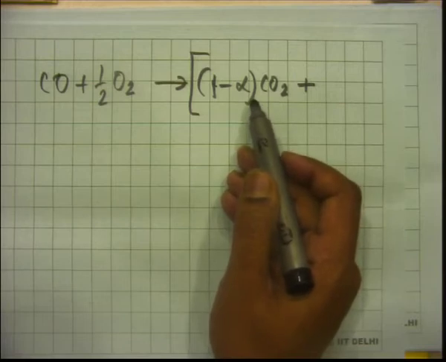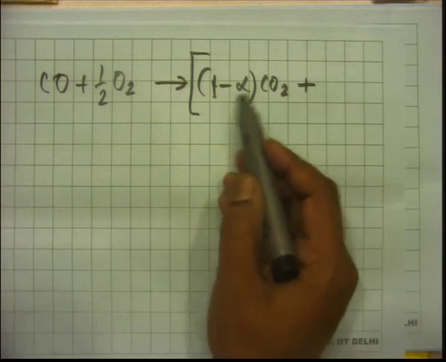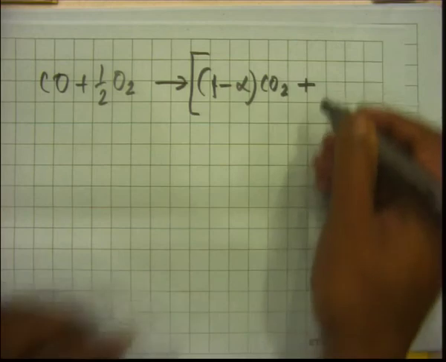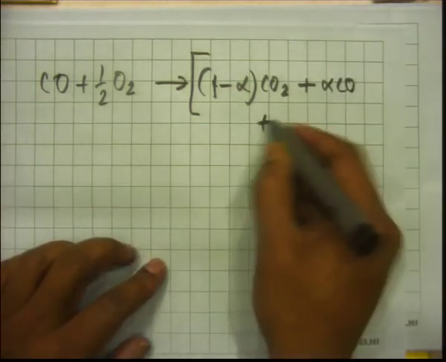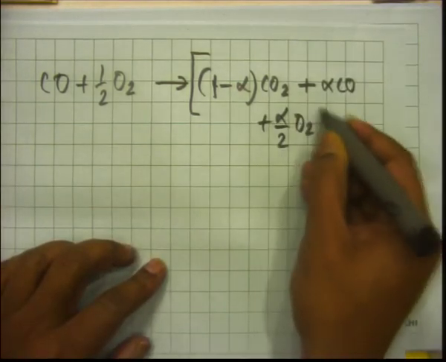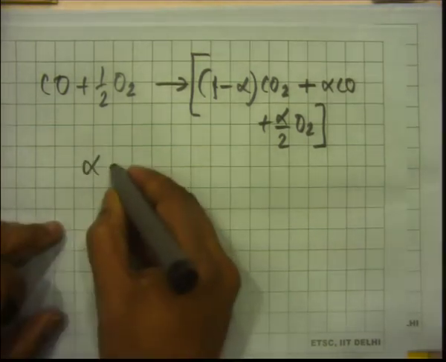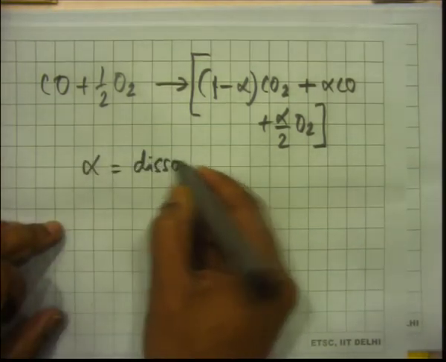That means a certain fraction from that 1 kilomole of CO2 has dissociated. So plus alpha CO plus alpha by 2 O2. That is correct. So, we will get this. So, this alpha is a dissociation fraction.